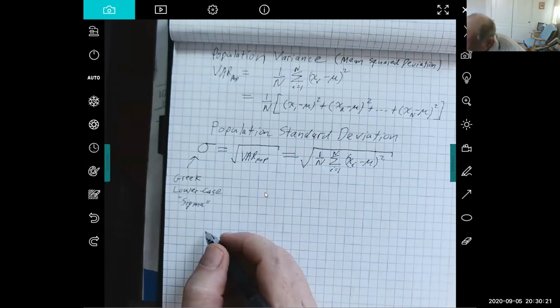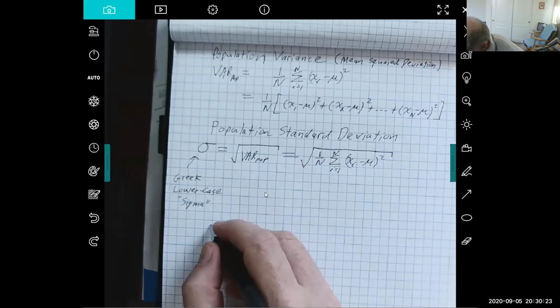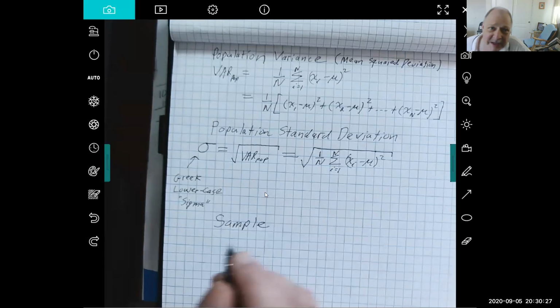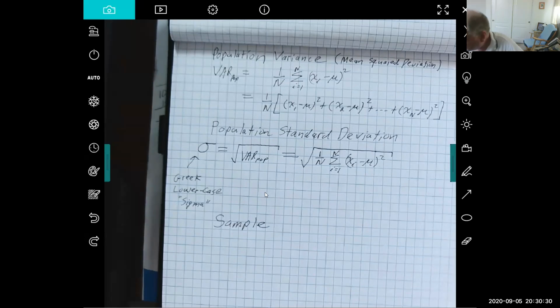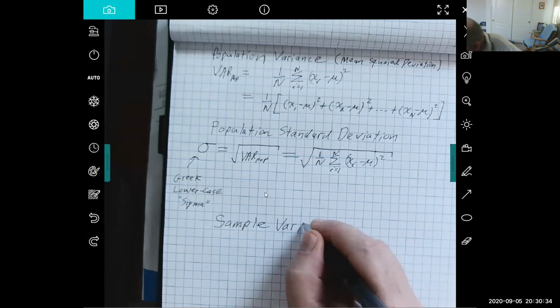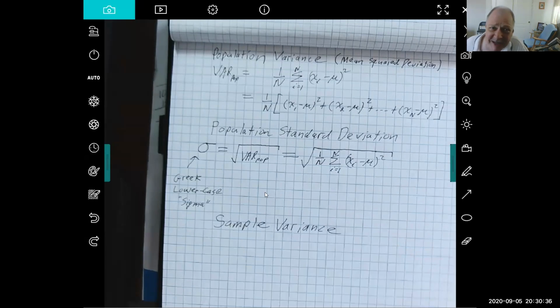So I need to talk about the sample variance. And then I'll take the square root of that to get the sample standard deviation.